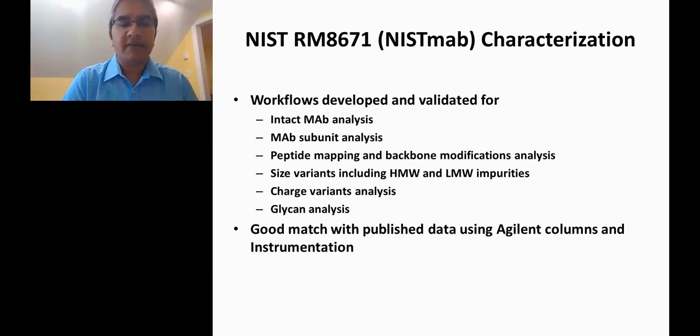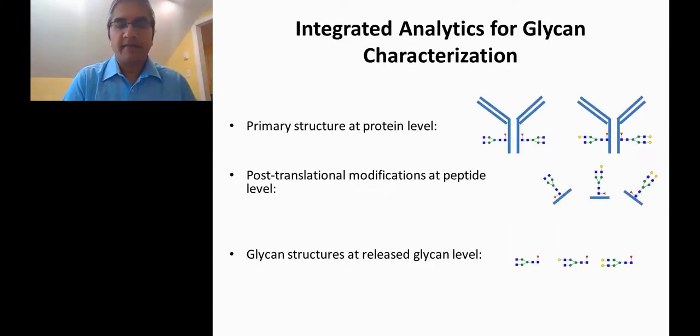But one of the areas that I wanted to focus on in today's talk is to give you an example of how we look at the integrated analytics for characterizing the glycosylation. As I mentioned earlier, the example we wanted to showcase here is how you look at glycosylation at the different layers of heterogeneity: at the level of the glycoforms at the intact antibody level, then the post-translational modifications at the glycopeptide level in terms of the specific glycosylation site that gets modified.